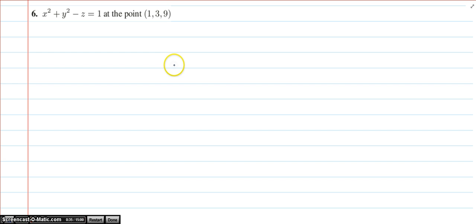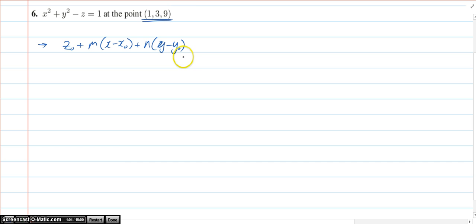So this question right here, number 6 from chapter 14.3, is telling us to get an equation at this point right here of this curve that is tangent. We know the basic equation of a plane is this, and here m and n can be rewritten as fx and fy.